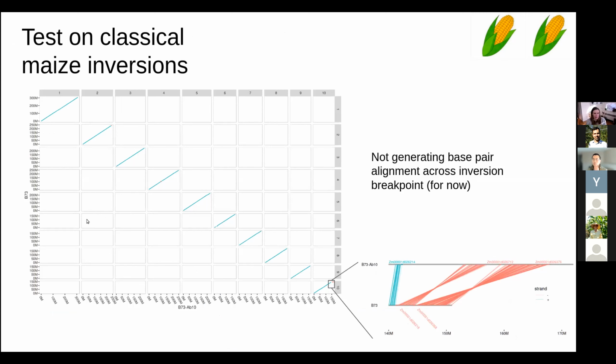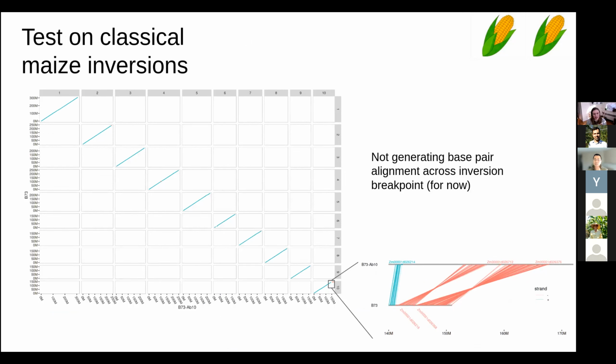Another comparison of maize genomes that can be made is, we know that there's a lot of structural diversity within the maize genome. AnchorWave can deal with things like inversions. So here we're looking at a comparison of the longest path between the B73 AB10 genome assembly on the x-axis and the B73 genome assembly on the y-axis.